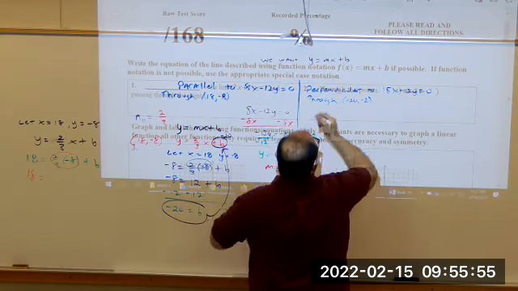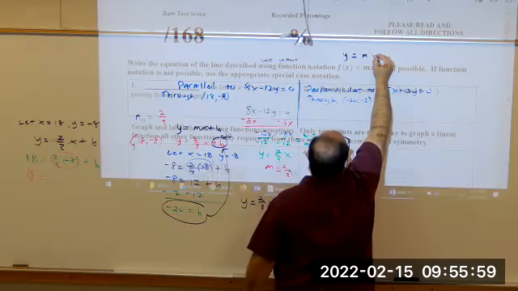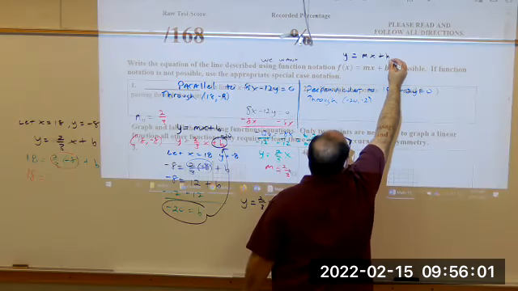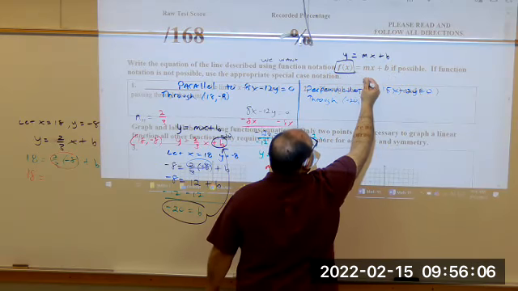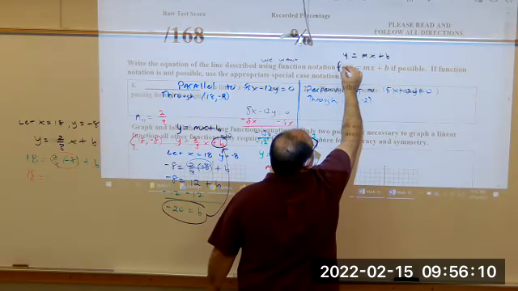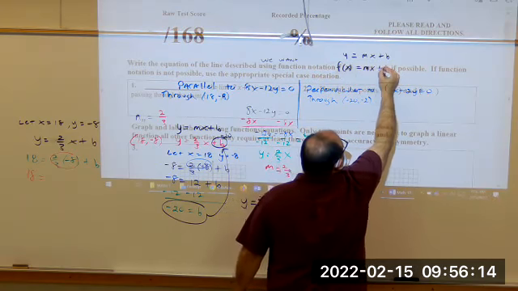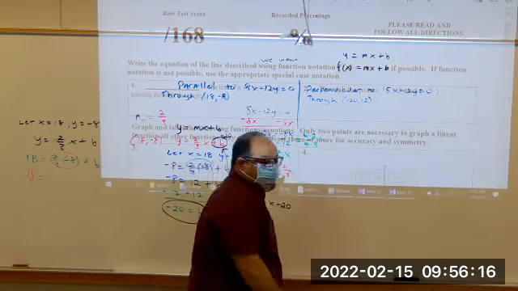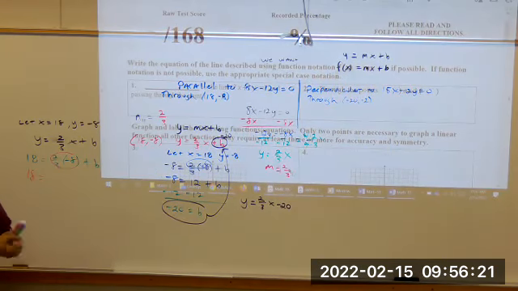So instead of y equals mx plus b, we want function notation. We want f of x equals mx plus b. So this is how tough it's going to be. Do everything that you've been doing all along.